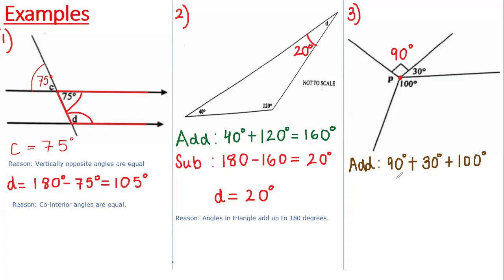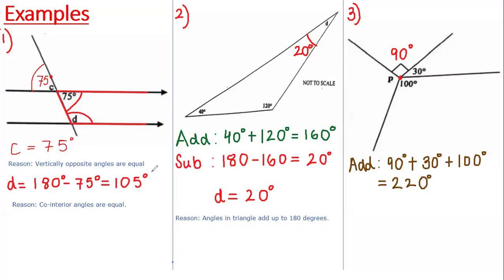When we add them all together, we get 90 plus 30 plus 100, which is 220 degrees. Now all we need to do is subtract.